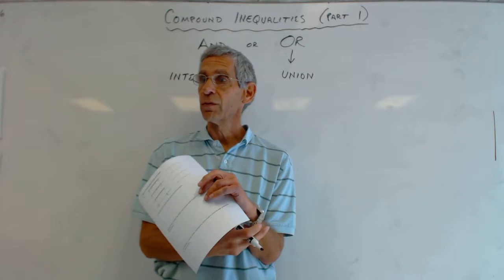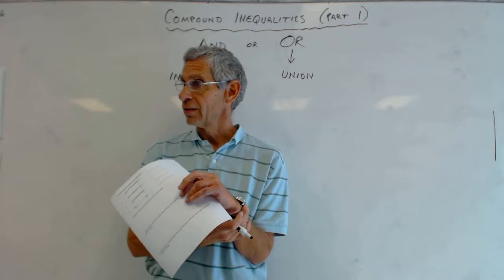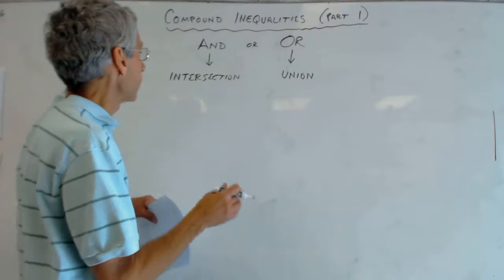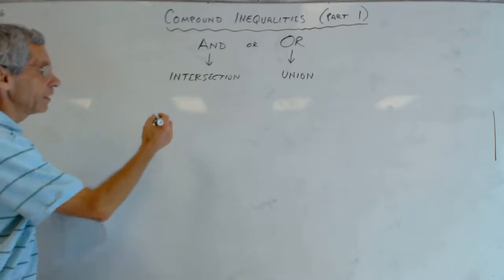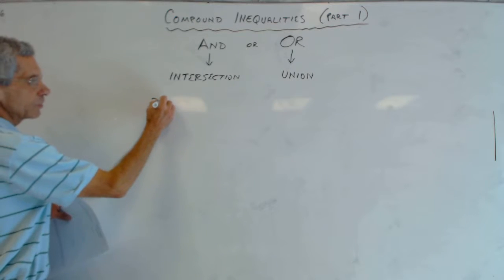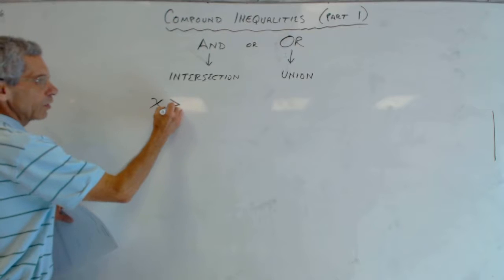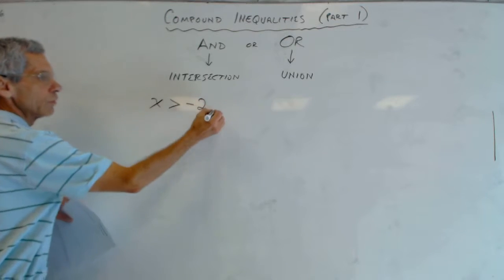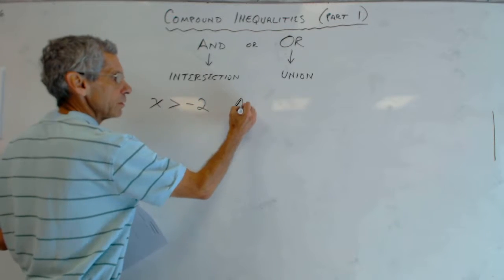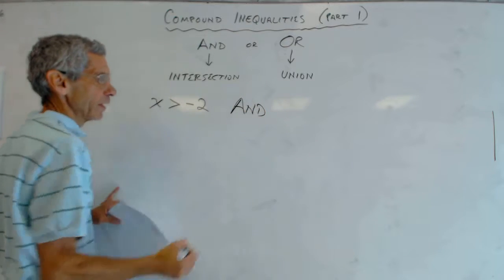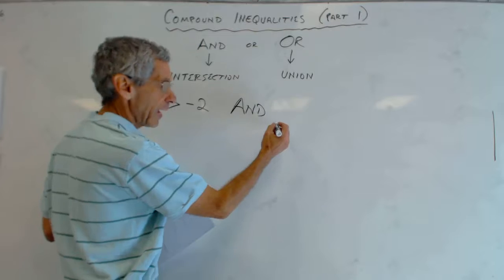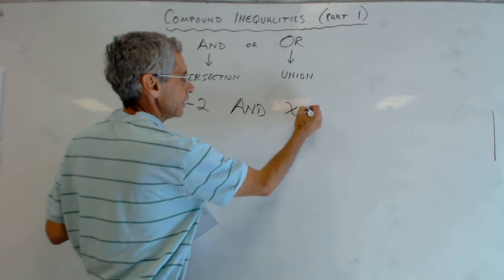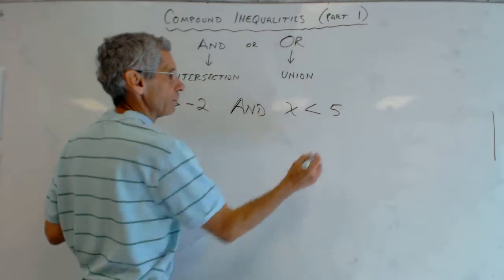It's just that you have to write them in what's called set notation, and I'll explain that as we move along. So if I just did two inequalities, x is greater than -2, and I'm using "and" only today, not "or," x is greater than -2 and x is less than 5.